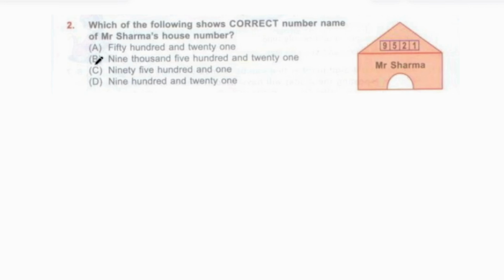The first option that has been given is option A, which says as 50, 100 and 21. So we can write this as 50, 100 and 21. Option B says 9,521, which can be written as 9521.